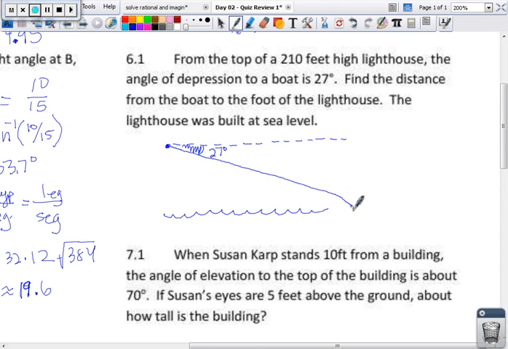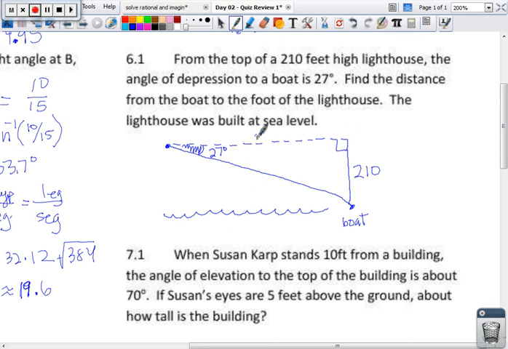This is your boat down here. Because the lighthouse is 210 feet tall, we're going to transpose the lighthouse, which is really here, 210 feet, is also 210 feet there.